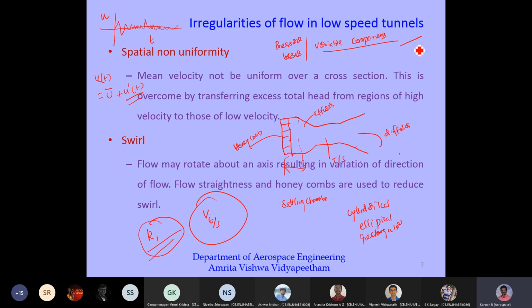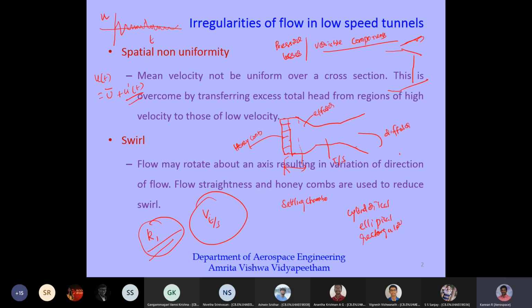If I measure spatially from top to bottom, I'm not going to get a uniform velocity. There will be possible losses, because if you give a small inclination in the settling chamber alone, that itself will give rise to losses.